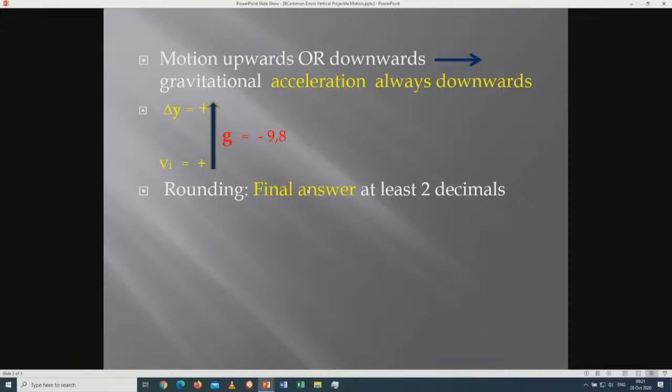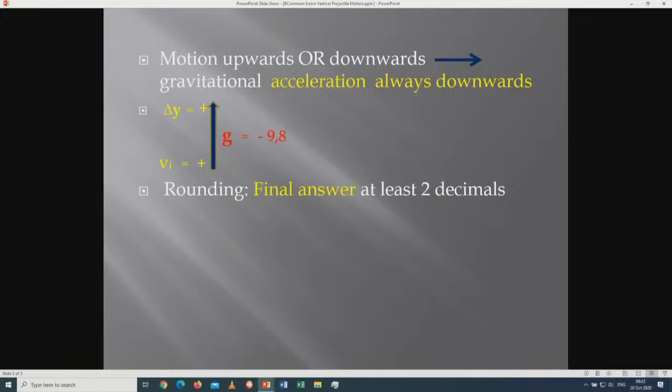Only on your final answer. Remember, we suggest that you don't round off if it is a multiple step question. If you see that the question is worth 5 marks, then you certainly know it must be a multi-step question. Don't round off too harshly on the first answer of your multiple step question.